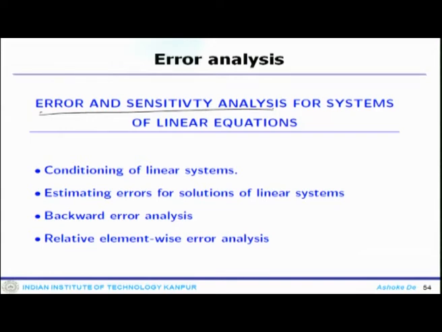What you would like to look at is the conditioning of the linear system, then estimating errors for the solution of the linear system.